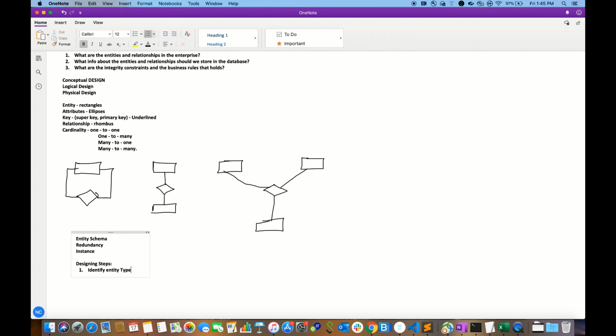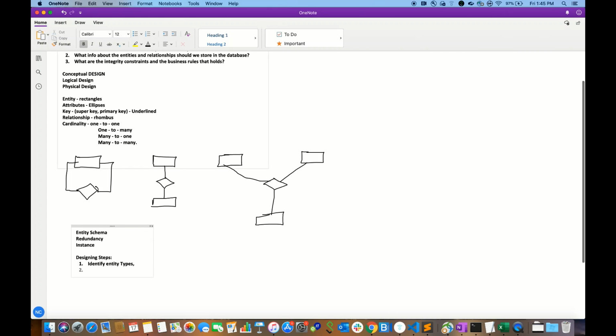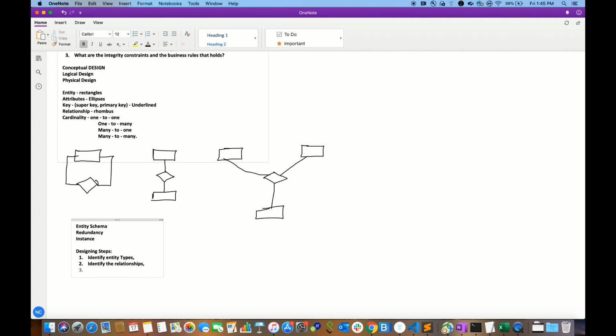Then the second step, we need to identify the relationships between the entities. Thirdly, we need to identify and associate attributes with entity and relationship types.